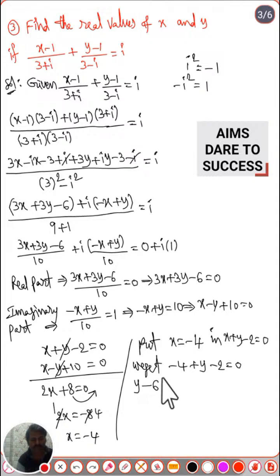Minus 6 is equal to 0. So minus 6 coming to the right side, we get y is equal to 6. So the real values of x and y are minus 4 and 6. X value is minus 4, y value is 6. This is the required value for the given question.